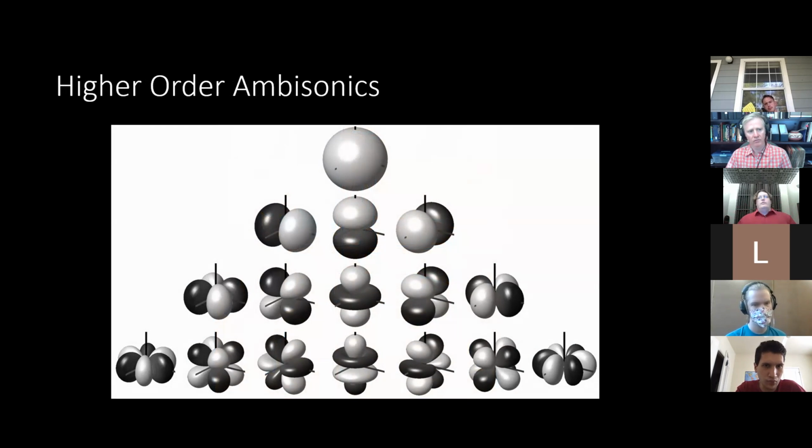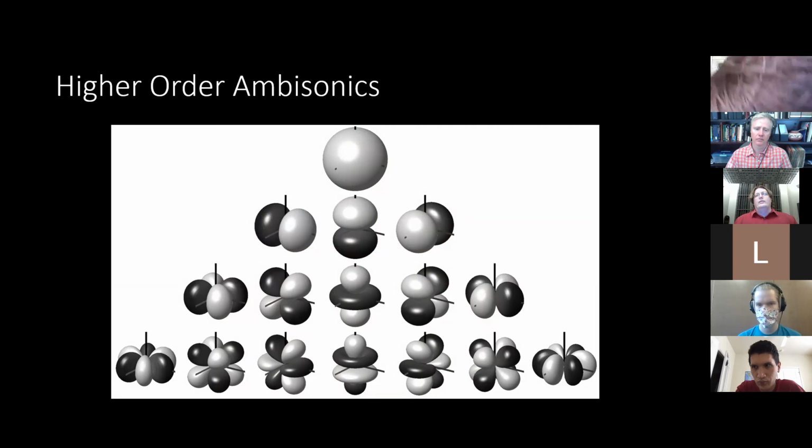So the top line is your 0th coefficient. That is a graph of what your omni channel would be. And on the second line, in this particular ordering, would be your Y, Z, and X channels.